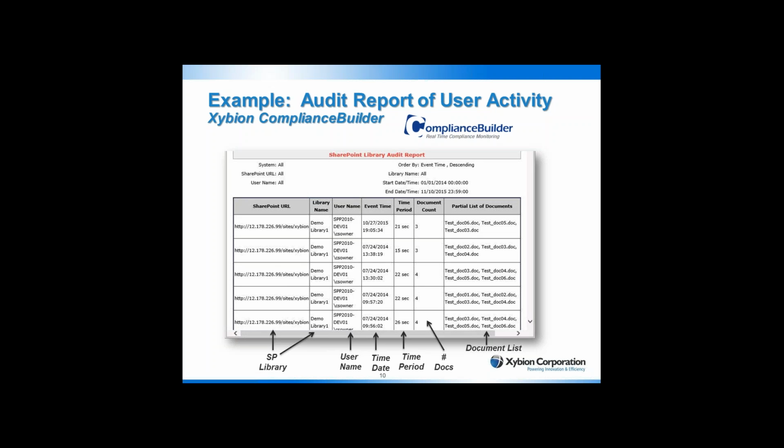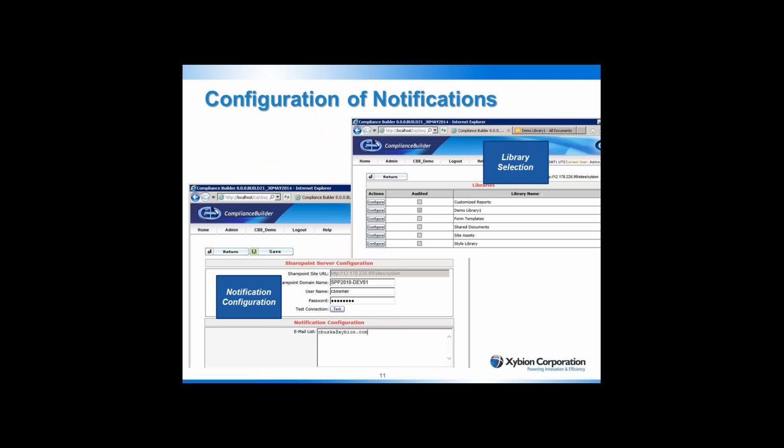All right, you can go to the next slide, Kevin. So in setting that up, you can connect Compliance Builder to one or many SharePoint servers, and then within each SharePoint server, you can monitor one or many libraries, whichever ones are critical to your business infrastructure.